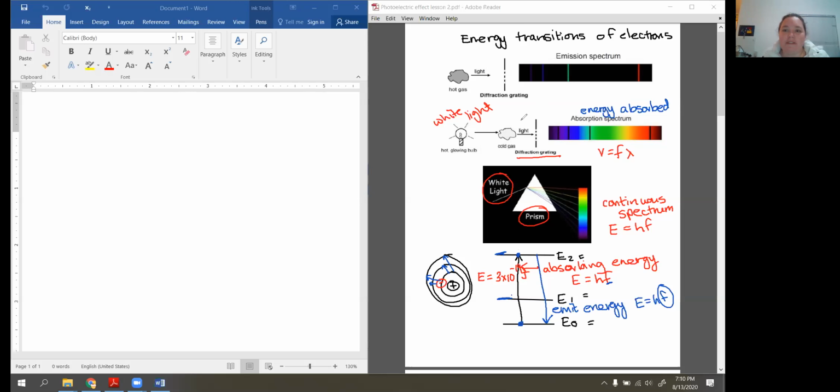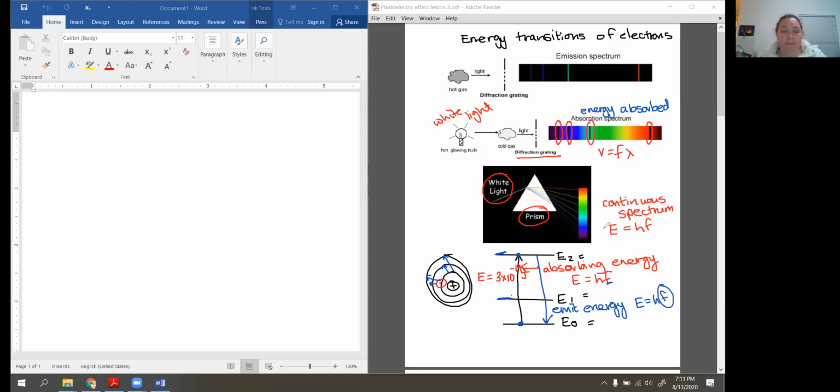And what happens here is the energy is absorbed, and that energy corresponds to the frequency of that color light, that color light, that color light, and that color light. What that basically means is that those specific frequencies, corresponding to specific colors, are removed from the spectrum, which was continuous, so those now disappear.